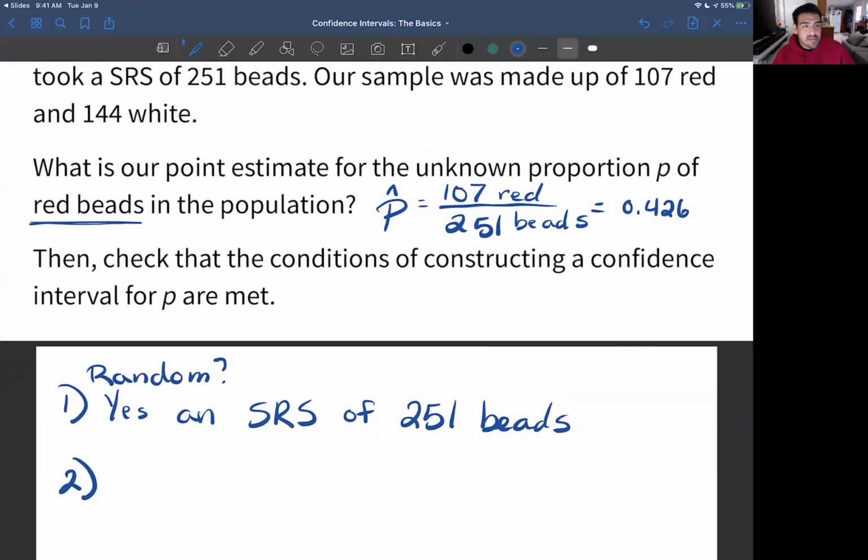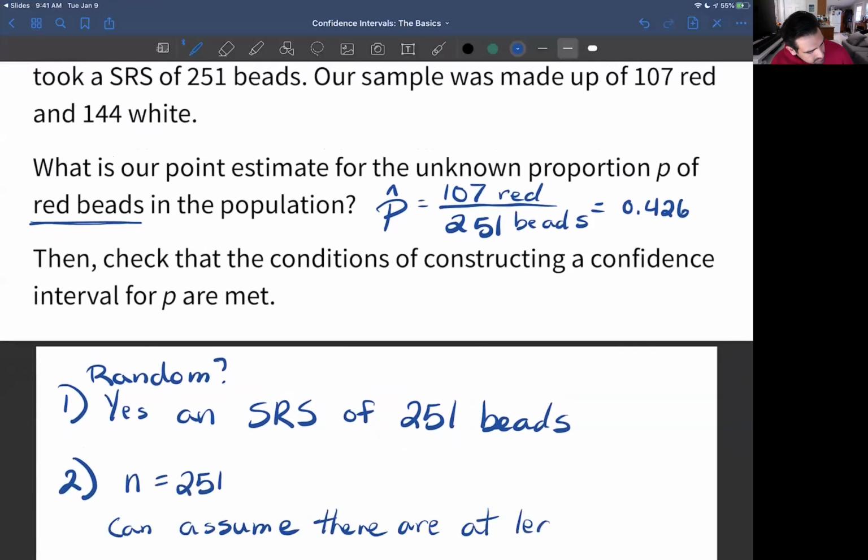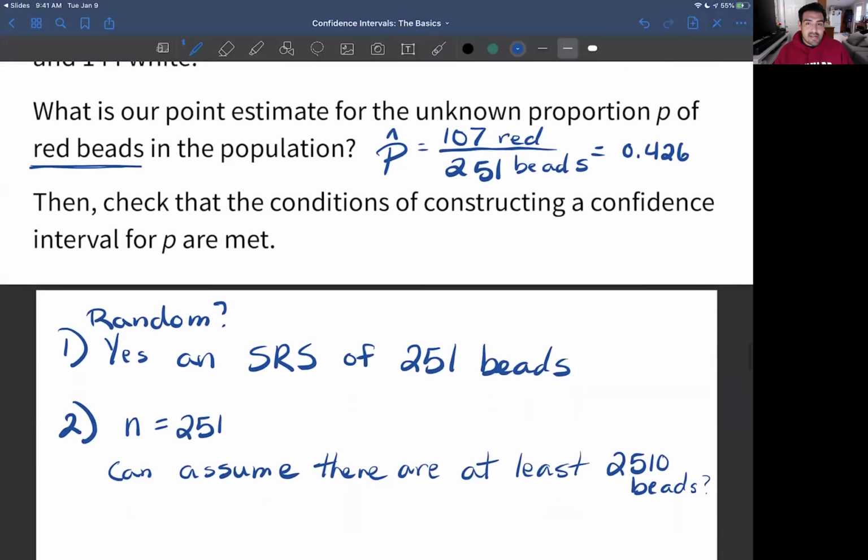Well, it doesn't really say much in our problem. Our sample size n is 251. Can we assume there are at least 2,510 beads? If we can assume that, then we can continue with our work. If we cannot, we need to stop.